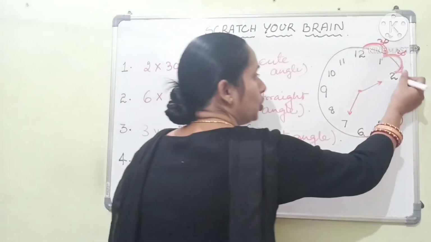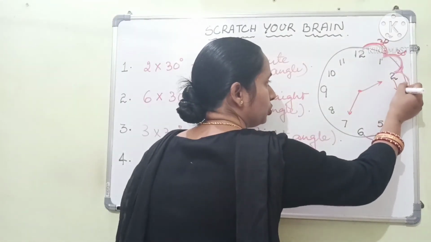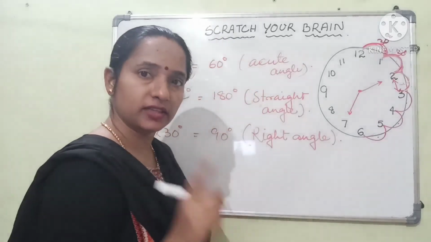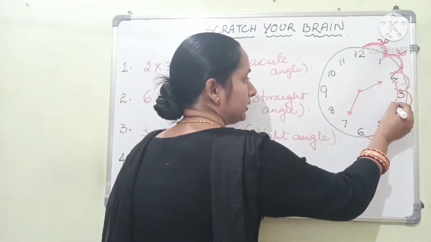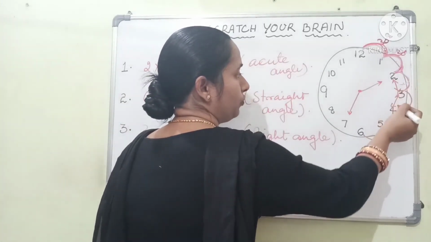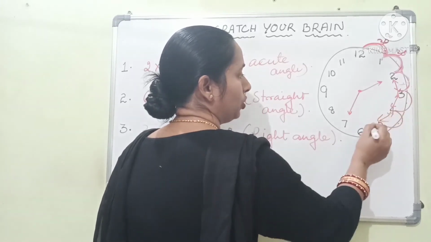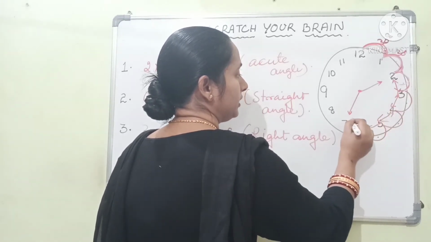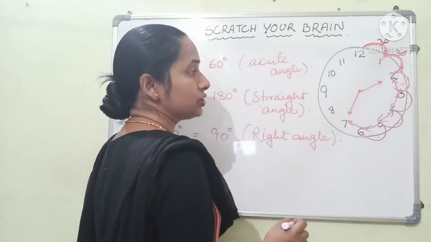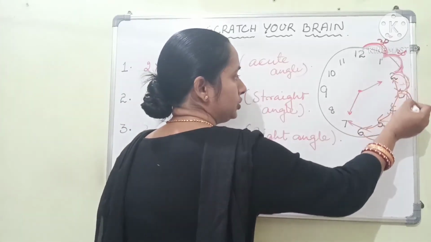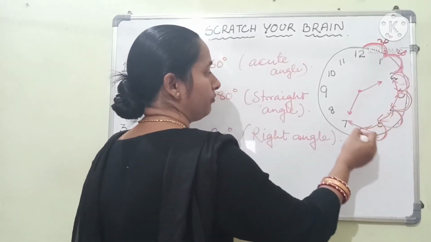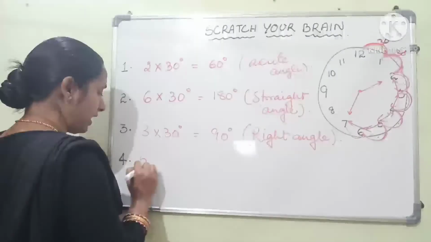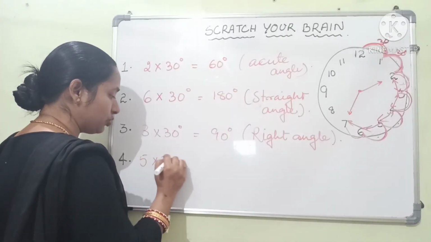From 2 to 3, how much is the angle? 30 degrees. Now another 30 degrees, from 3 to 4, 4 to 5, one more, 5 to 6, another one, and 6 to 7, one more. So total how many? 1, 2, 3, 4, 5. So we have 5 30 degrees over here.